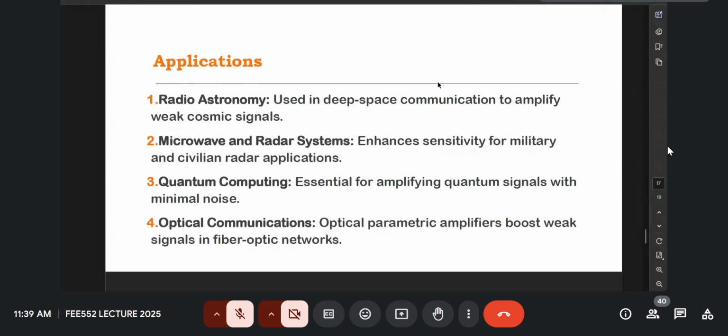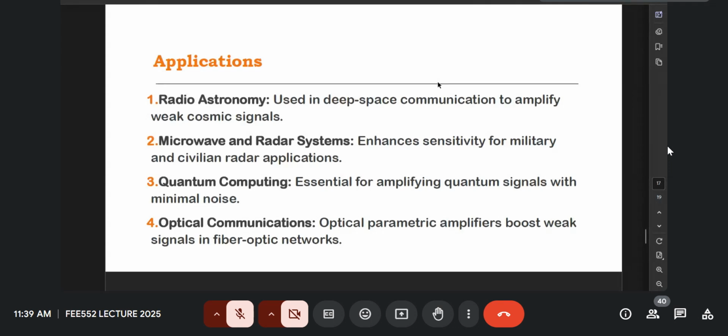Now on to the applications. As I told you earlier, you saw the parabolic dish for astronomical and cosmic observations. They are definitely used in radio astronomy, and in deep space communication to amplify weak cosmic signals.